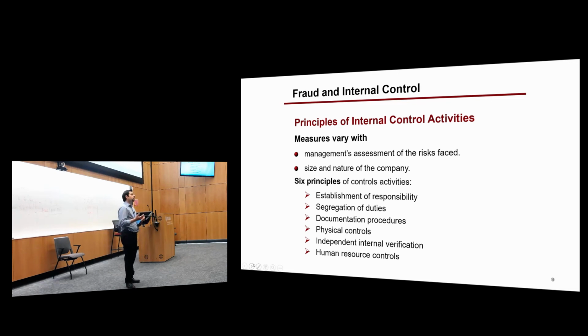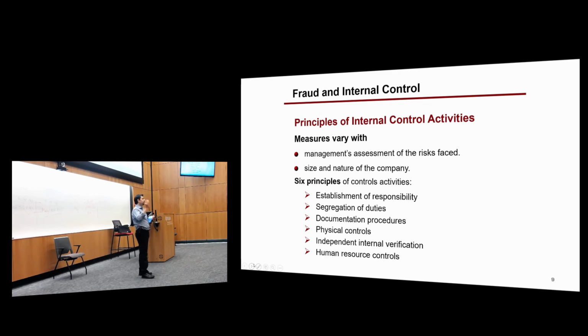Segregation of duties. When I travel as an employee, when I come back, I file a reimbursement request for my travel expenses. I should not also be the same person who approves my travel expenses.